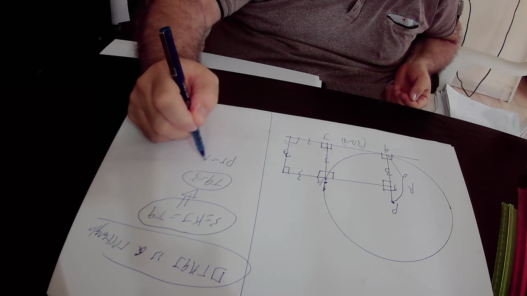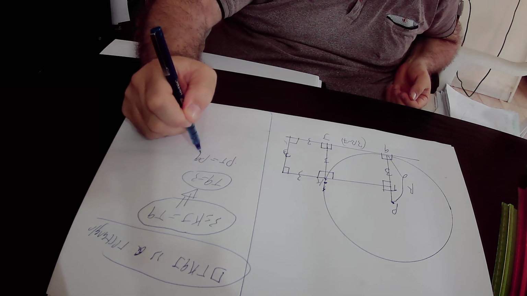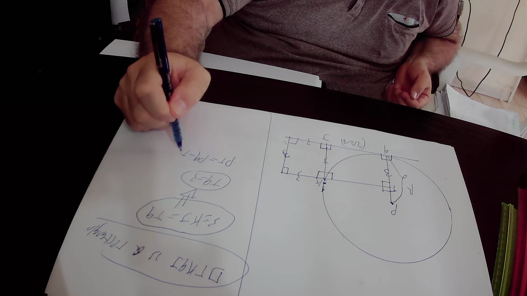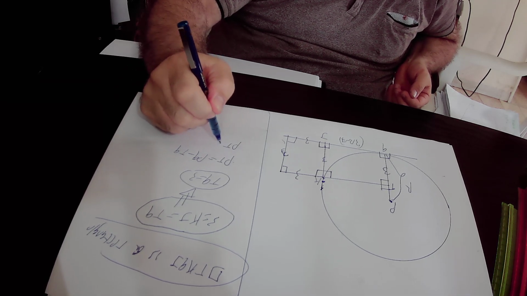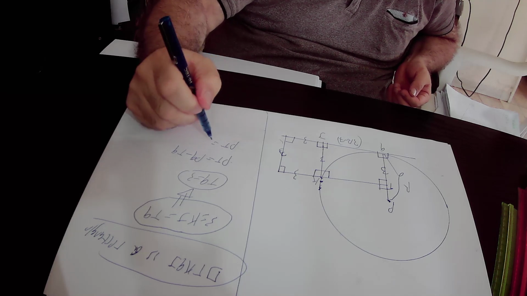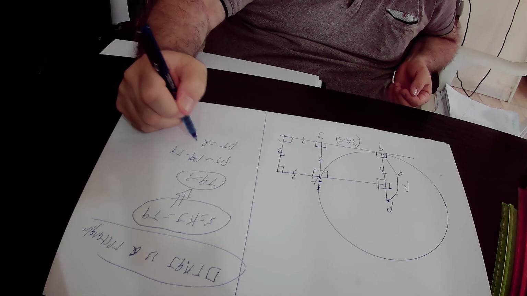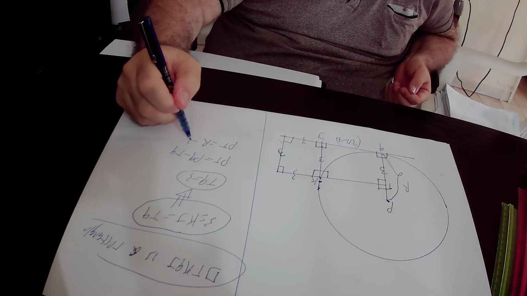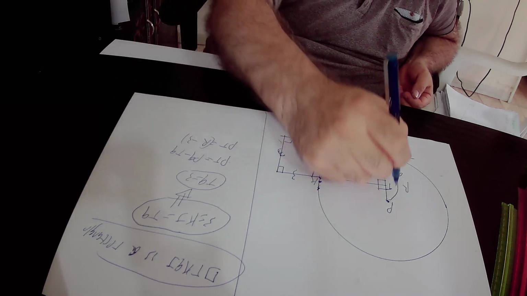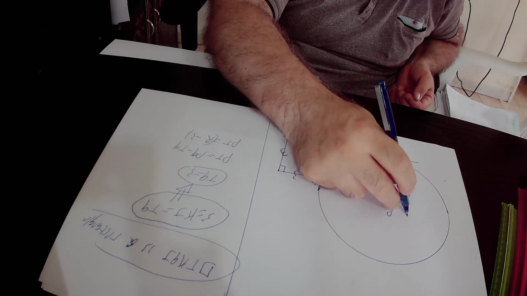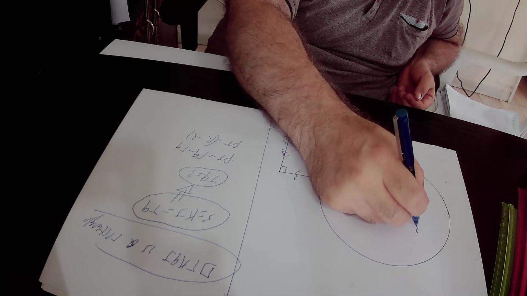PT equals PQ minus TQ. That is to say, PT equals PQ, that is R, the radius of the big circle, minus TQ, that is 3. So in conclusion, we found out that PT equals R minus 3.